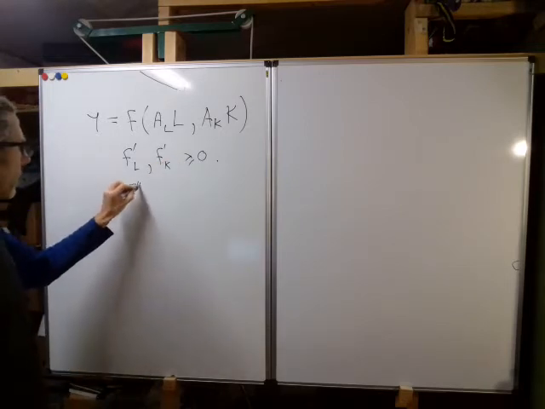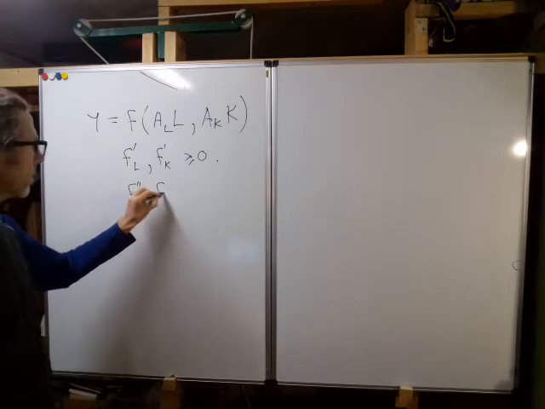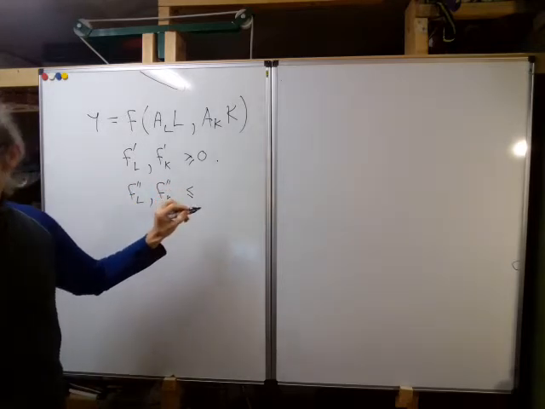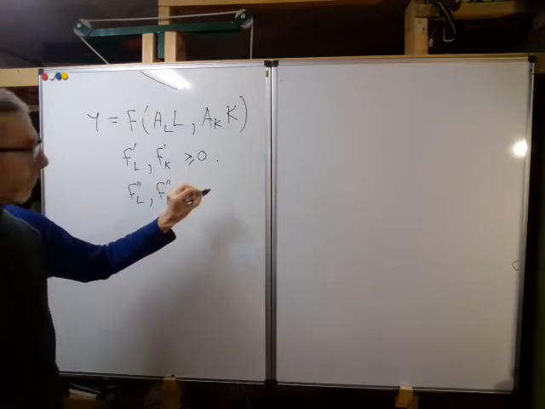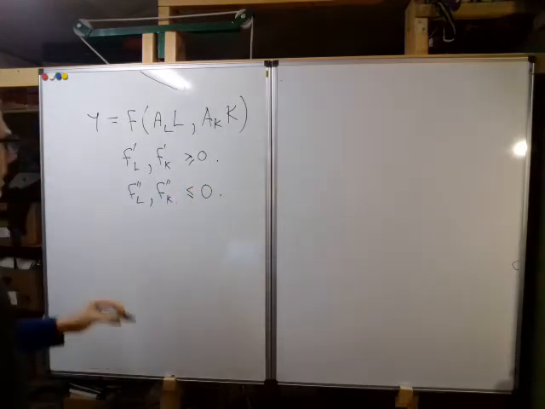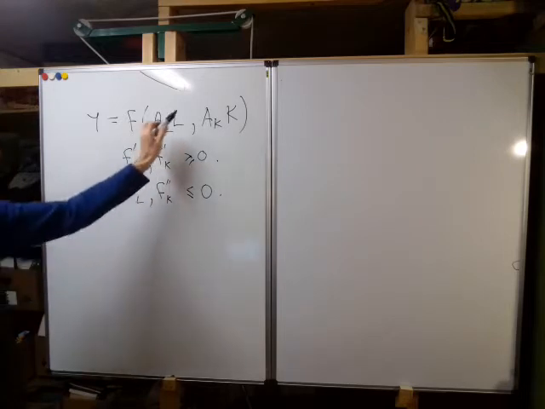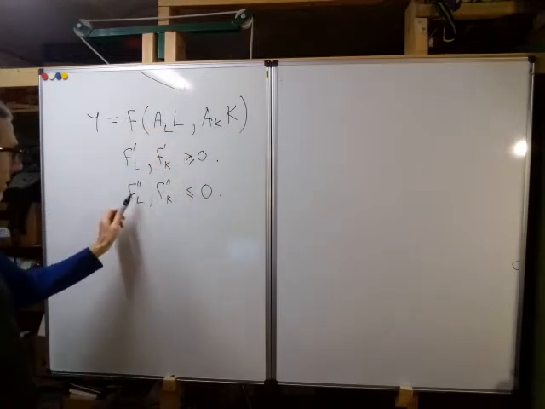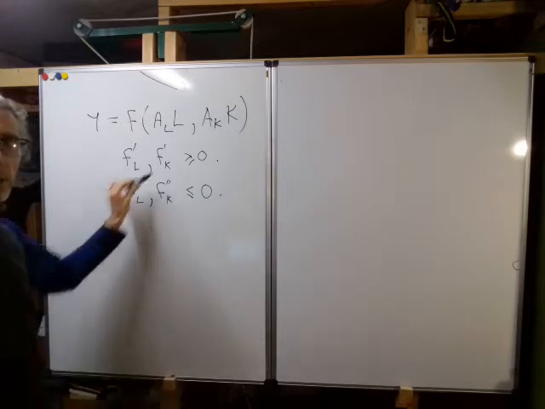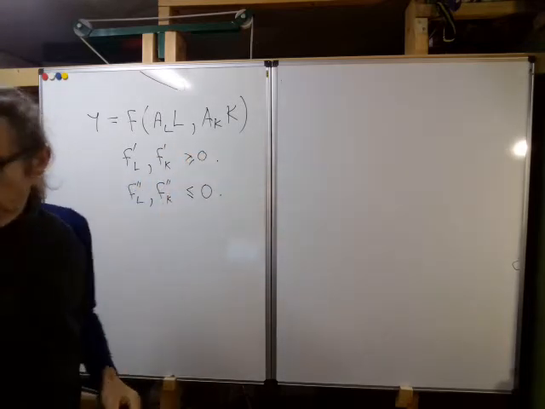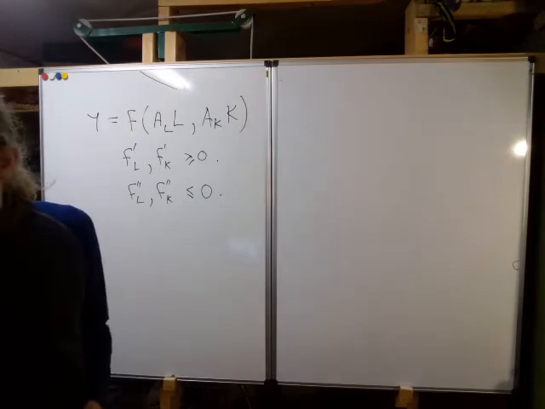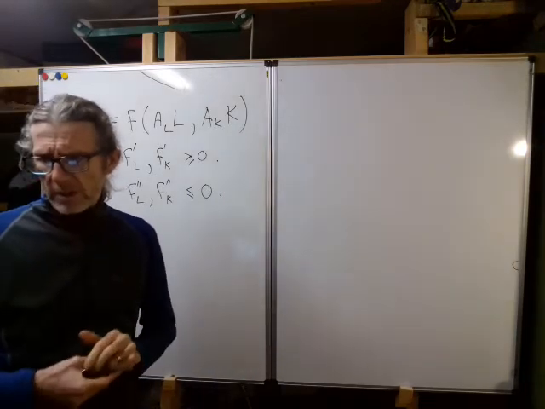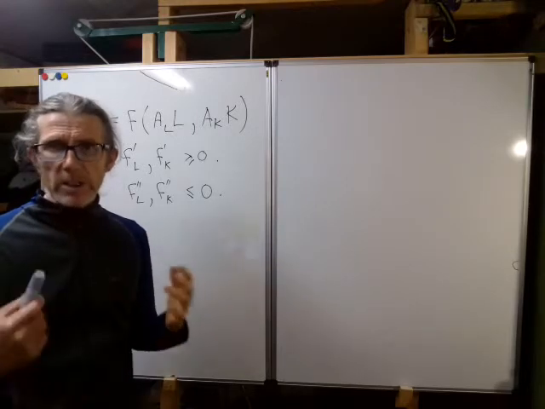And the second derivatives are less than or equal to 0. Yep, so more labour and more capital will give more production, or at least not less, but then there's decreasing returns. If you keep piling on more and more labour, it levels off.